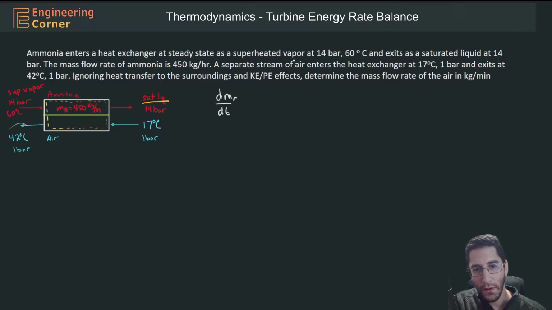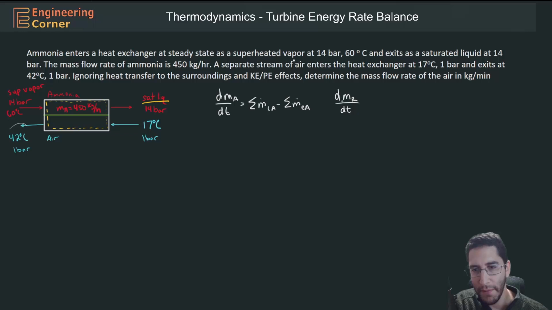So we'll call the ammonia A. It's going to be equal to the mass flow rate of my inlet of my ammonia minus the mass flow rate of the outlet of my ammonia. Similarly with air, we'll call it dm_r over dt.